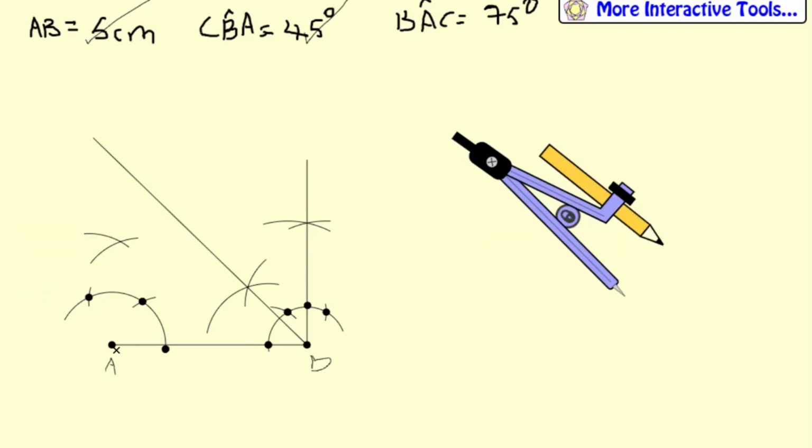So we have the two lines. We have our 60 line, which would have been right here, and our 90 line, which would have been right here, but we want 75. So in order for us to do 75, we have to use our 60 point and our 90 point.